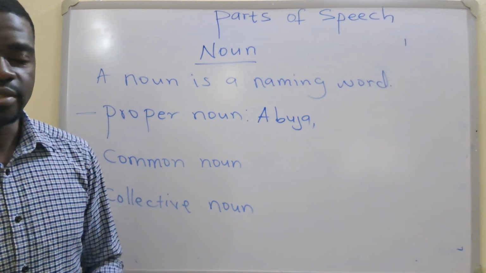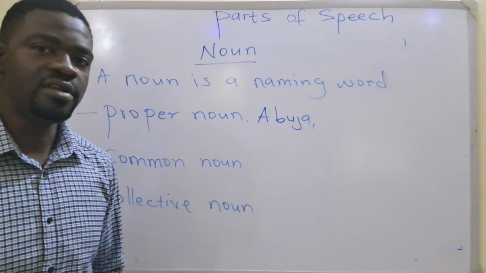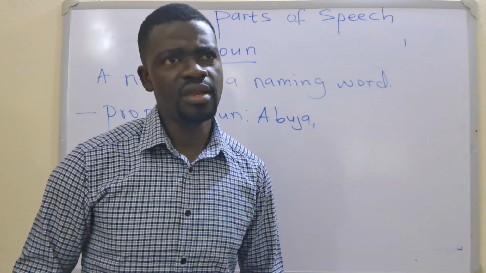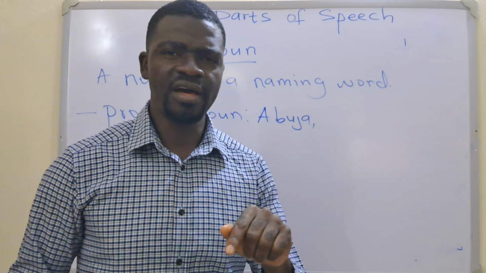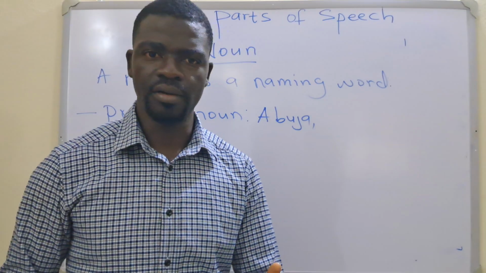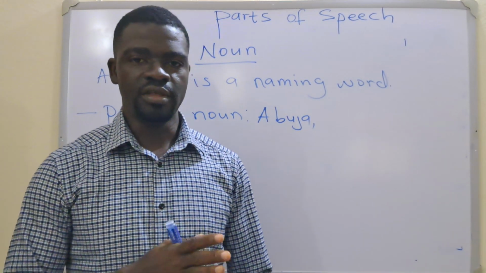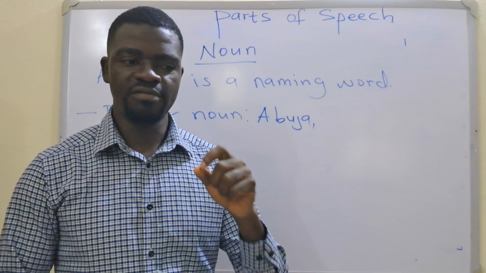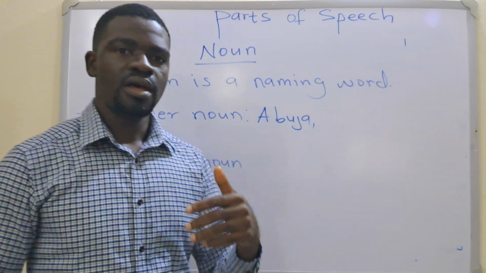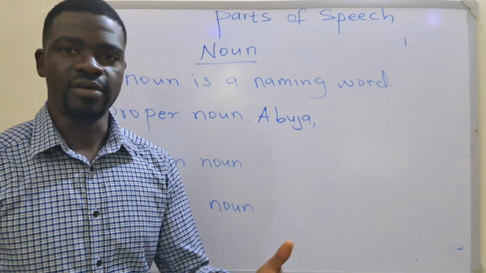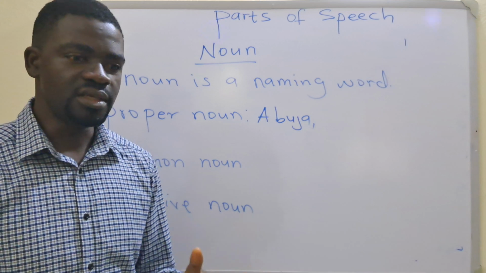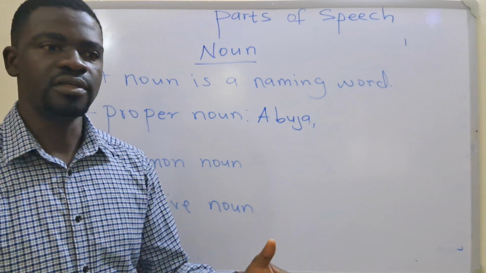But if that forest is given a particular name, then that name of that forest will become a proper noun. Sambisa Forest, for example, is a proper noun because it's a name given to a particular forest. Amazon Forest is a proper noun because it's a name given to a particular forest.